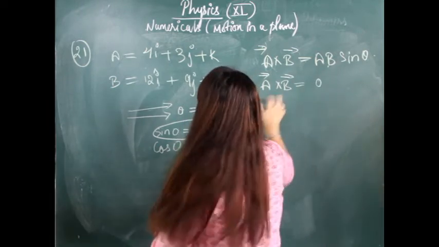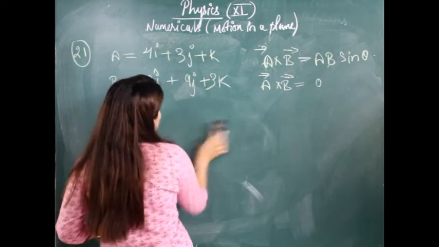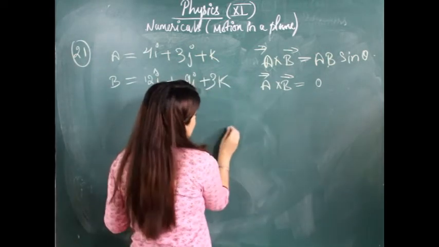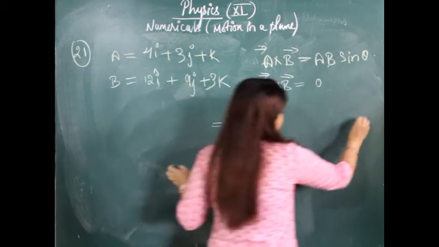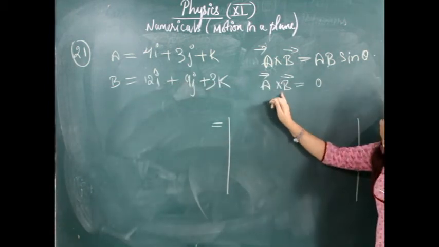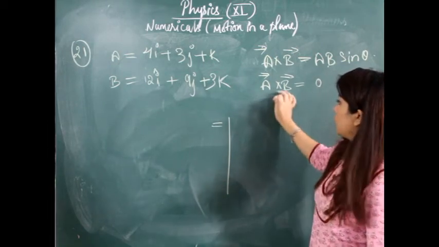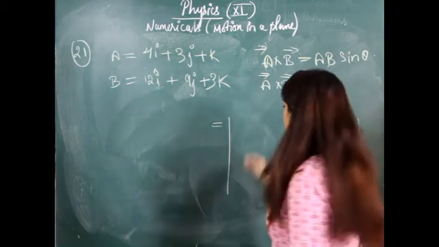Now put the value of A and B, we can easily prove that it will be 0. I have to show that it is 0. So I have to put A cross B. So when we do cross multiplication, cross product, in dot product we can directly multiply, but when we do cross product, we have to do it in a matrix way.